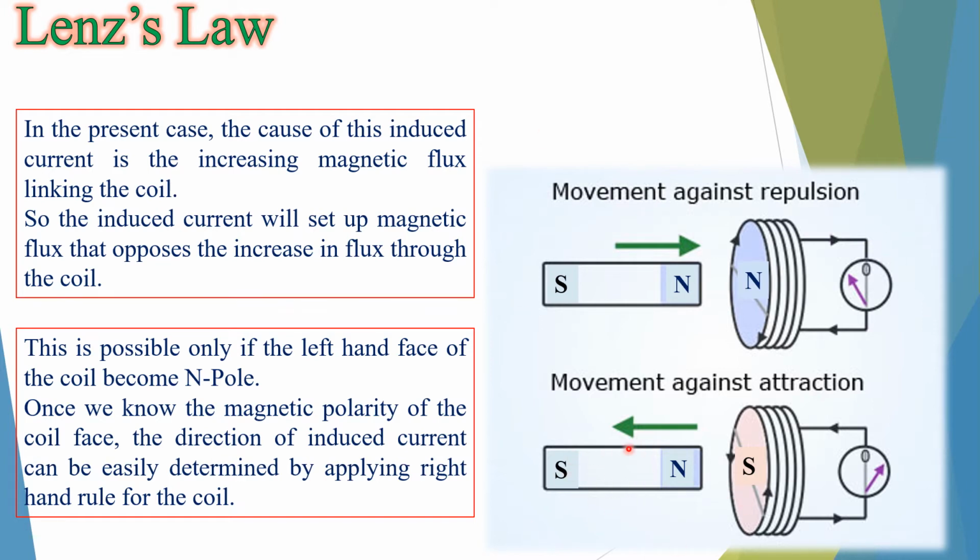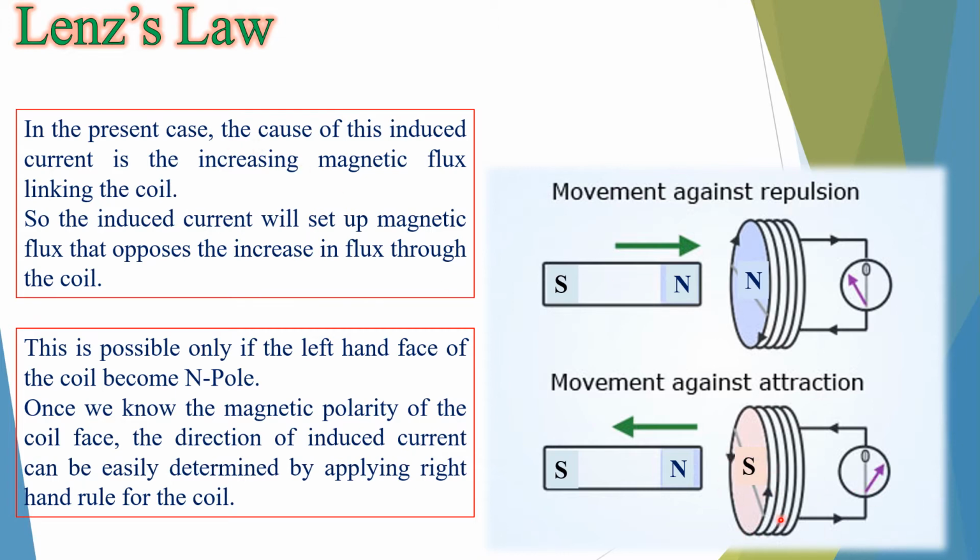Similarly, if the north pole of the magnet is moving away from the coil, that is decreasing the magnetic flux through the coil, so the induced current through the coil will set up magnetic flux that opposes the decrease in the flux through the coil.